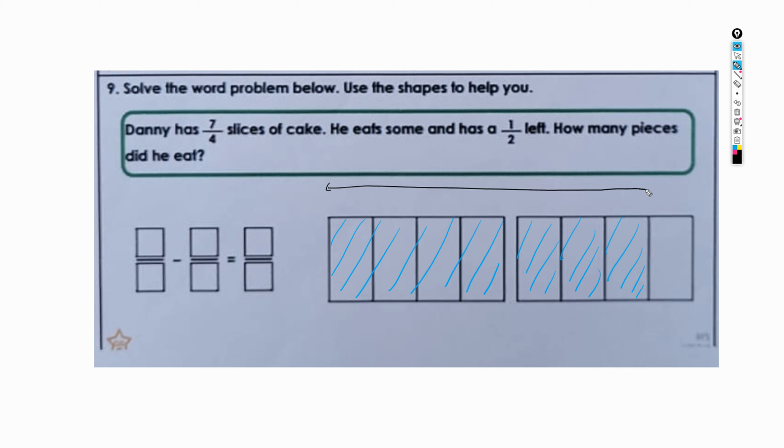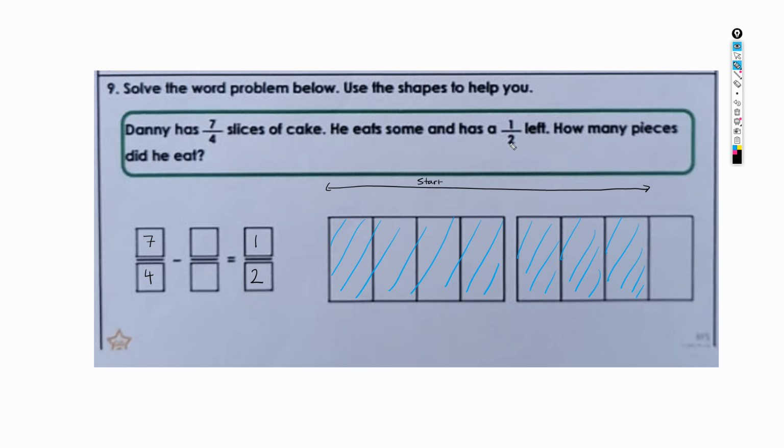Up to here, that's what we have at the start, the beginning situation. So let's fill that in here: we've got 7/4, and we're going to take some away, and we are going to be left with 1/2. We can put 1/2 here for now.